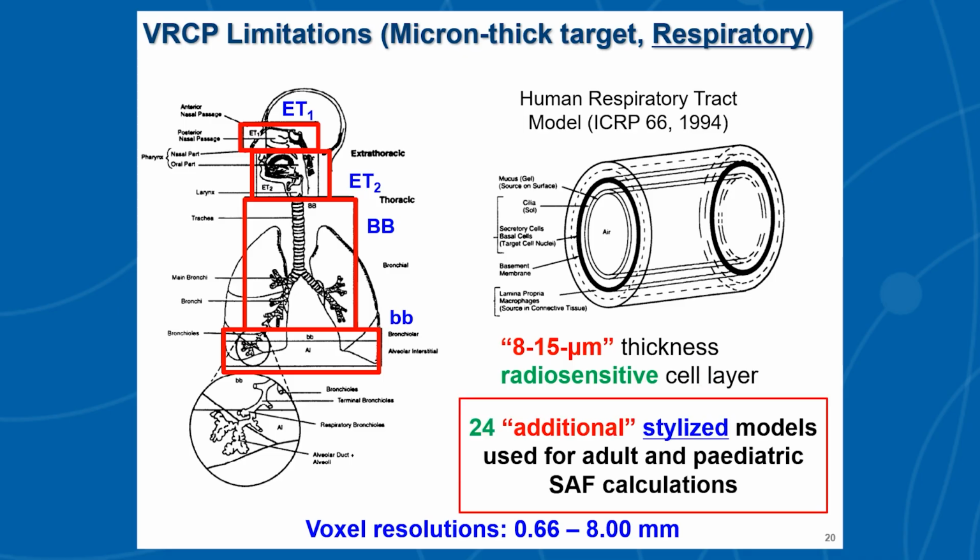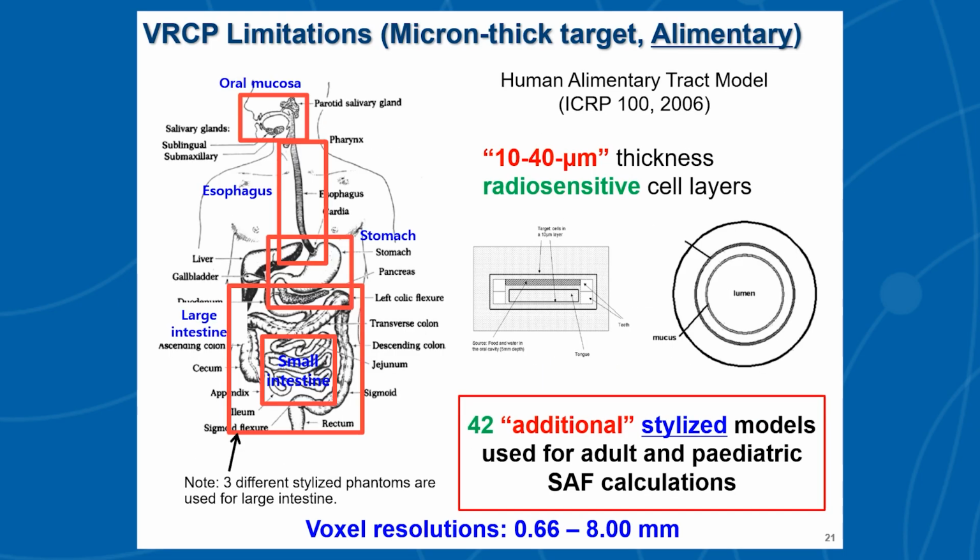As a result, 24 additional stylized models have been used for the SAF calculation in the respiratory tract system together with the reference voxel phantoms. Even in the alimentary tract system, 42 additional stylized models have been used for SAF calculation together with the reference phantoms.